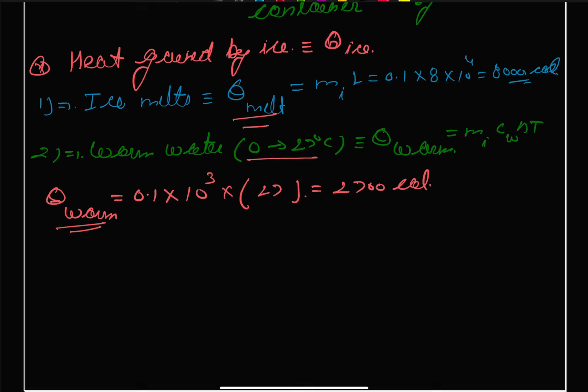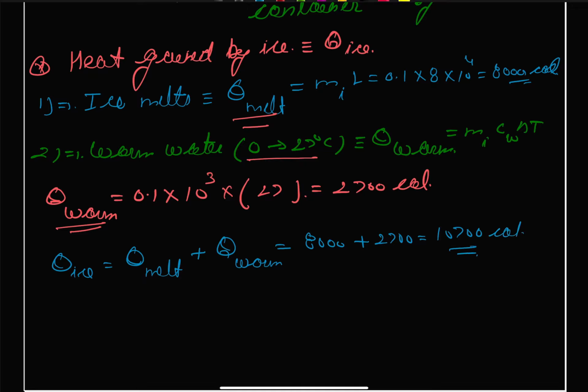So we can say our Q ice will be equal to Q melt plus Q warm, and Q melt is about 8000 plus Q warm is about 2700, and this comes as 10700 calories.